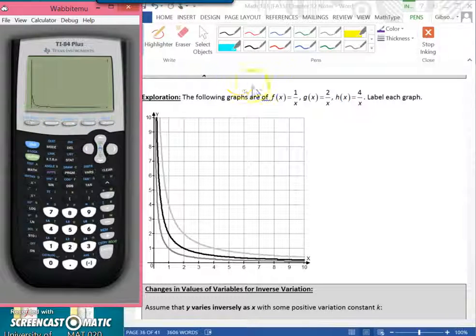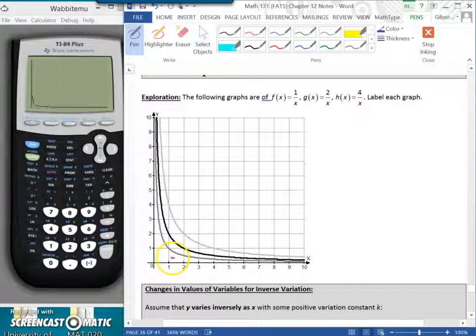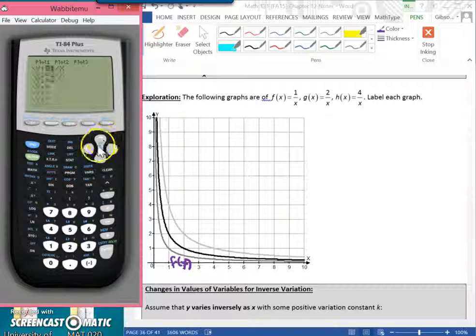If you notice here, the 1 over x is the one that's closest to the origin. So we know that this first graph here would be our f of x. Now I'm just going to put f of x here instead of the whole equation. You could put that if you want to put the whole equation. Okay, so now we go to the second one.